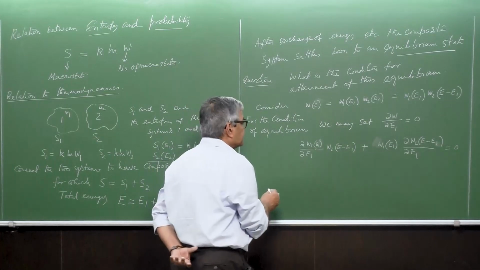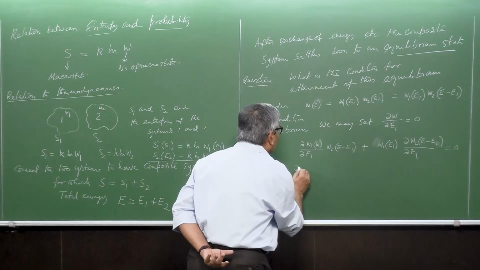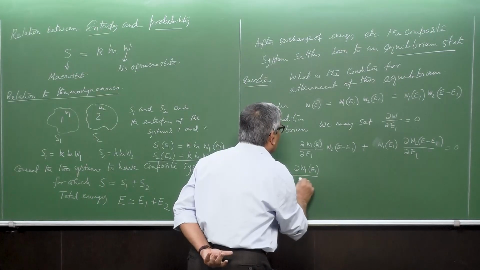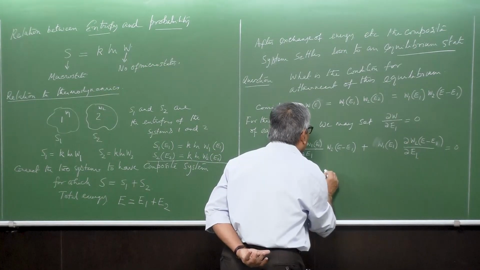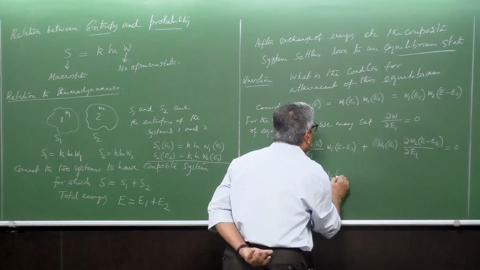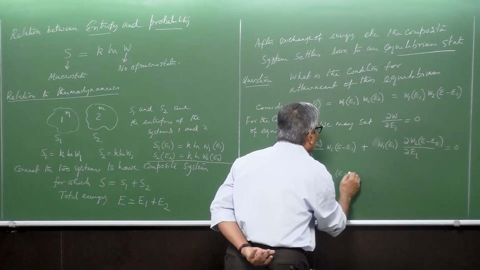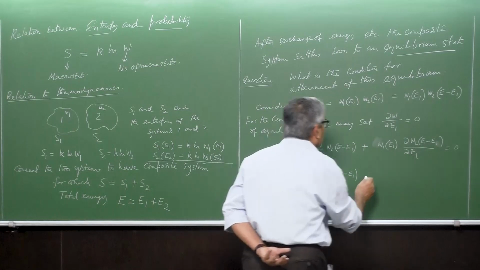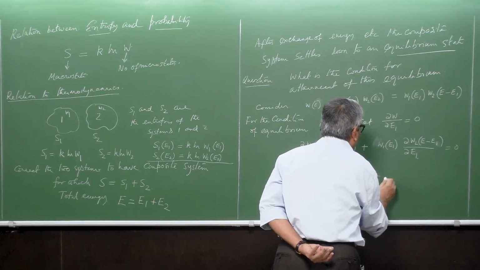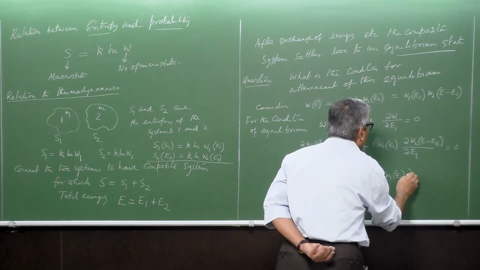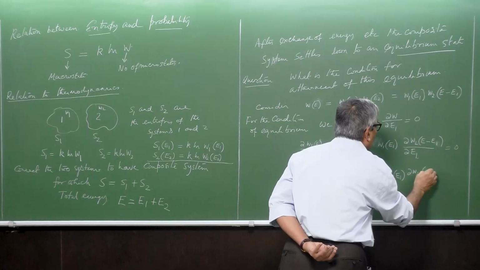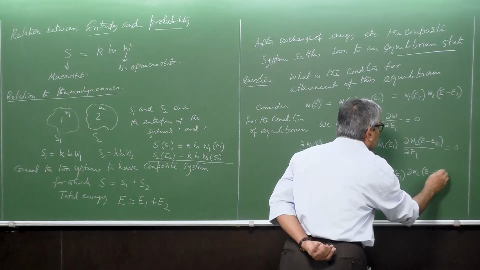Or you may rewrite it as del W1(E1) by del E1 times W2(E minus E1) equal to minus W1(E1) times del W2(E minus E1) by del E1.